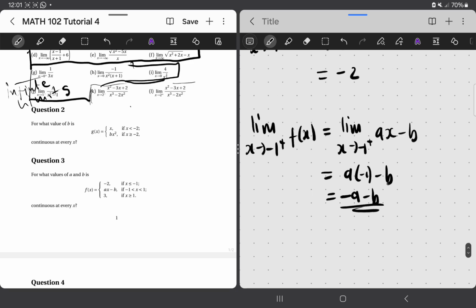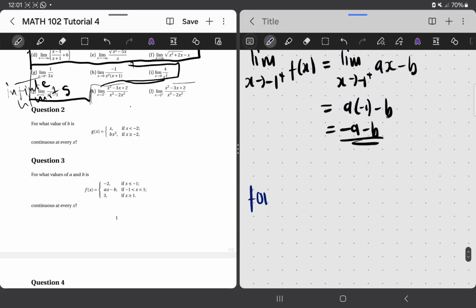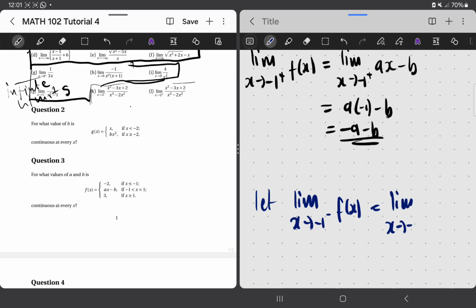Now, what are we going to have now? We have to find the condition for continuity. We can say the limit as x approaches negative 1 from the left of f of x should be equal to the limit as x approaches negative 1 from the right of f of x.